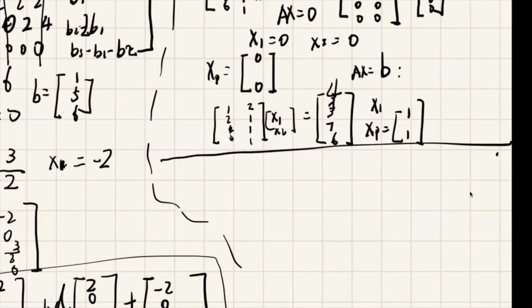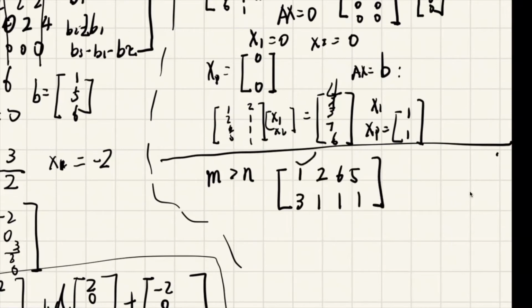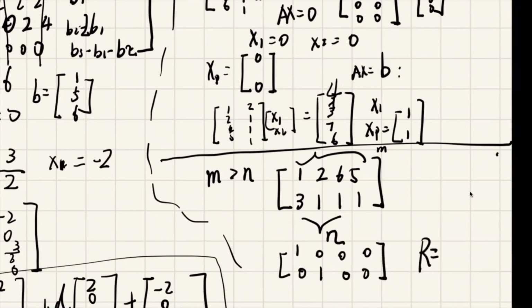So if it's really the reverse, let's say m is still bigger than n, but now m is the column and n is the row. Let's say this one is m, and this one is n. As we know, in this case it can be something like 1, 0, 0, 1. The rank still equals n equals 2.